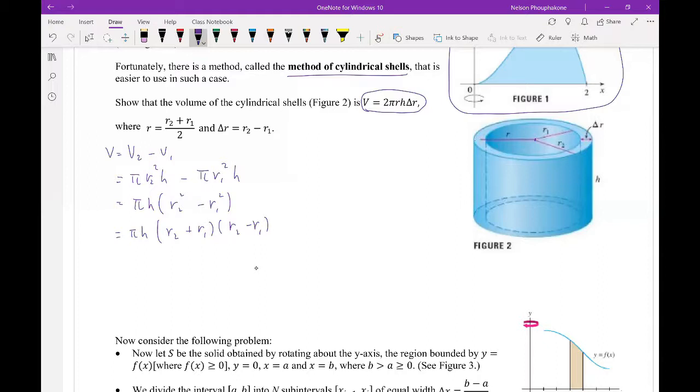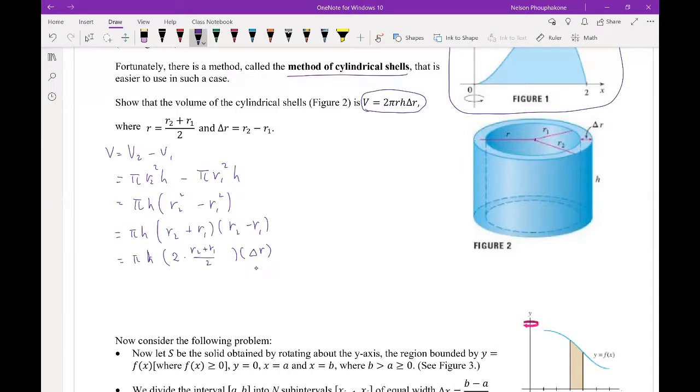So now, what do we have here? We know that this one right here is my delta R. Now I would like to rewrite this into 2 times R sub 2 plus R sub 1 over 2.